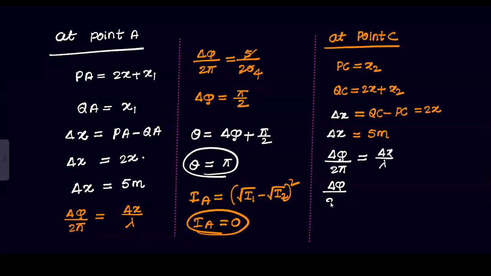Delta phi by 2 pi is equal to delta x by lambda. Delta x is 5, and lambda value is 20. So delta phi will come to be pi by 2.